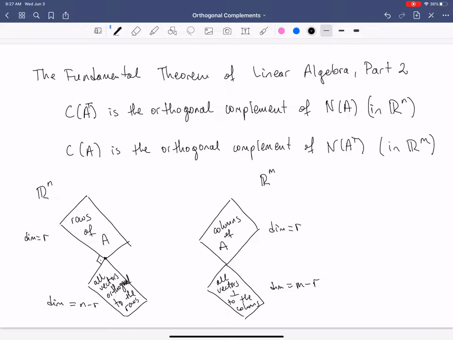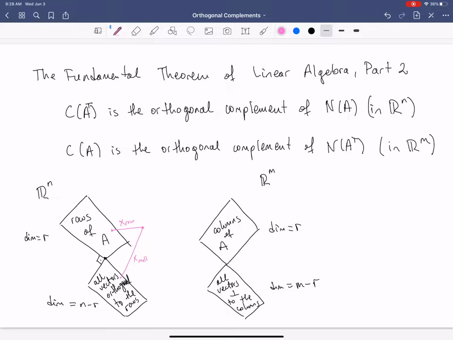And now you can take a vector from the row space, and you can take a vector from the null space, put them together. So you have x row, x null space. Together, they give you another vector in Rn.